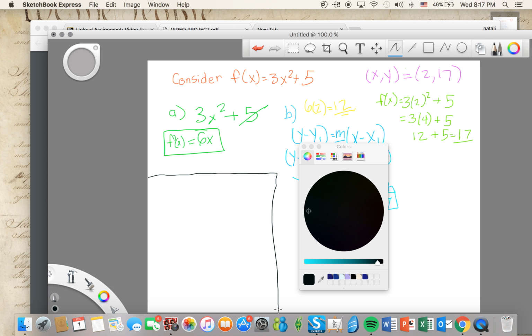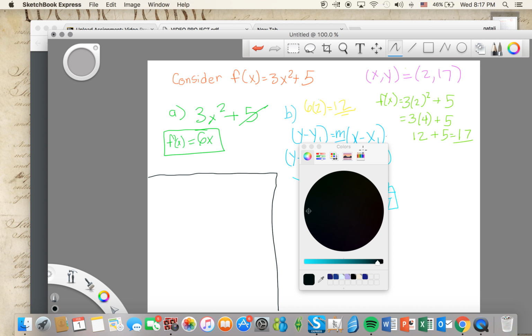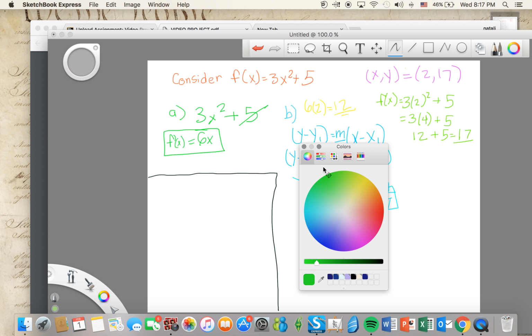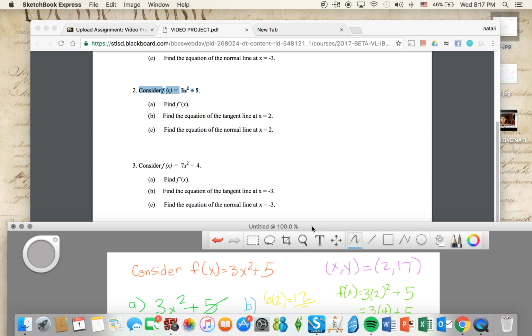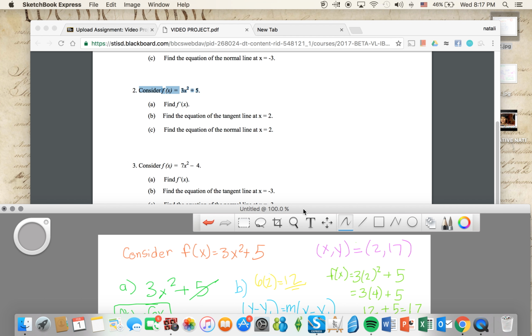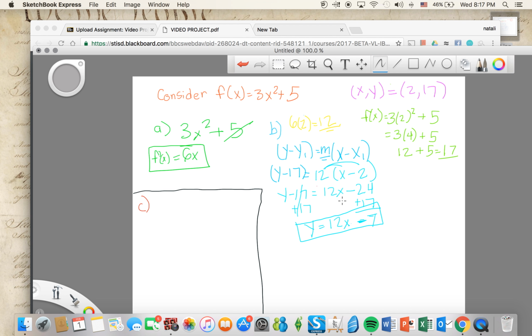But I'm going to create a box for question C. Question C is asking the same thing except with the normal. In the normal, you really maintain that same point-slope equation that you had. So y minus 17 equals, but this is where we change it up right here, x minus 2.